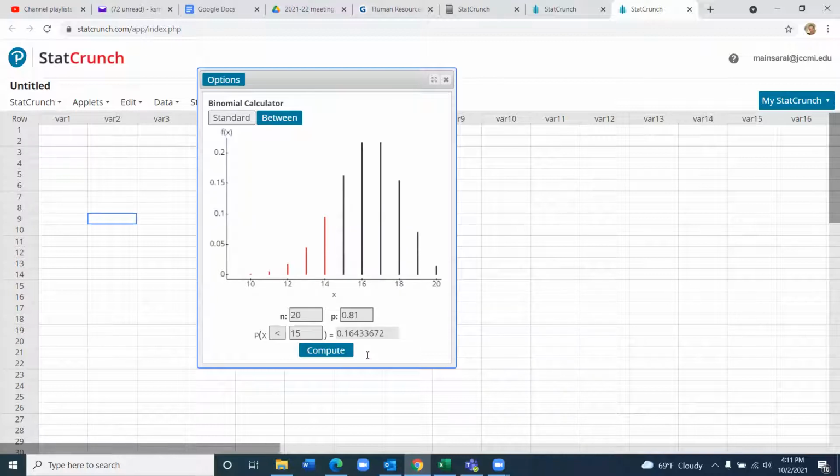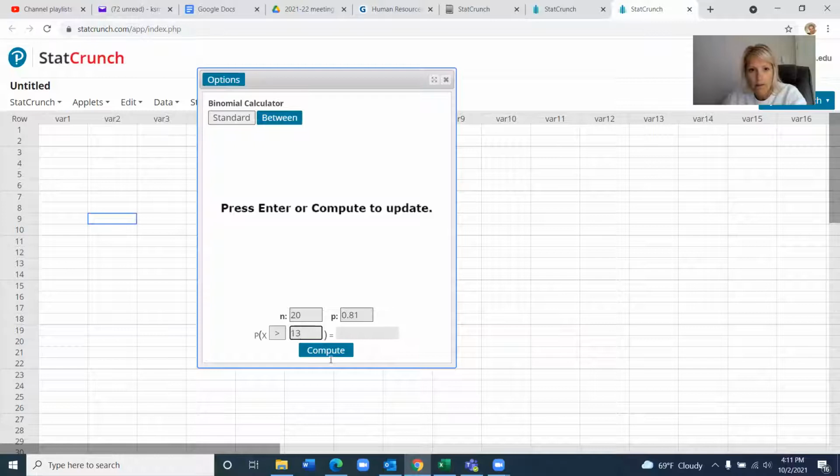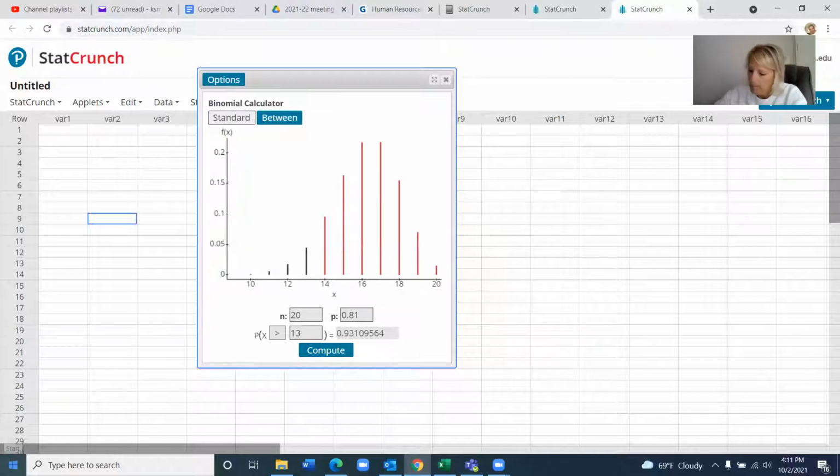Fewer than 15 is 0.1643. Then it says greater than 13. So greater than 13 is equal to 0.9311.